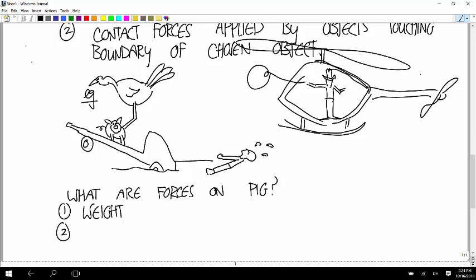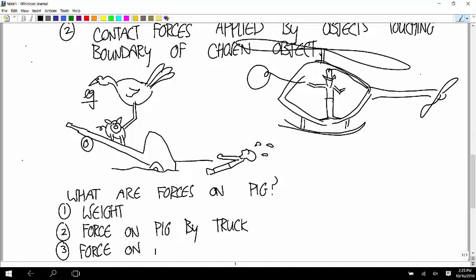The truck is touching the pig, so there's a force on the pig by the truck. There's a force on the pig by the bird, and no other forces are acting on the pig, just those three.